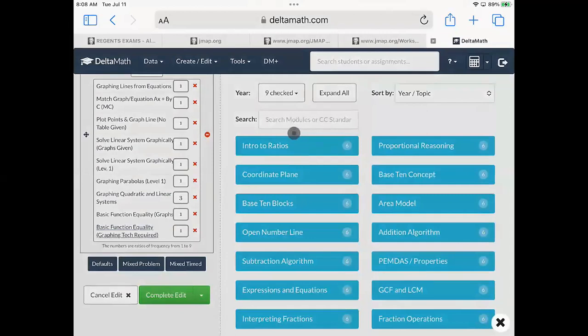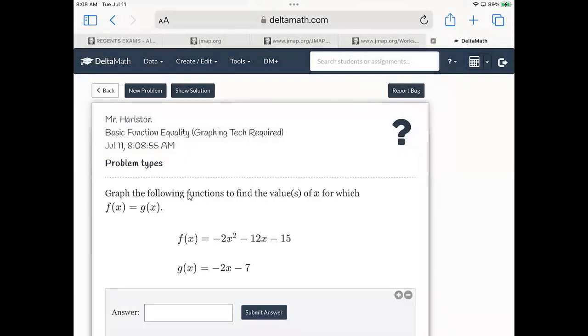Last one, let's see what we got here. So basically, this one, you're going to be graphing them yourself. Graph them as functions and find where they intersect. So I'm going to do one and then I'm going to shut this down. Let me grab the calculator.